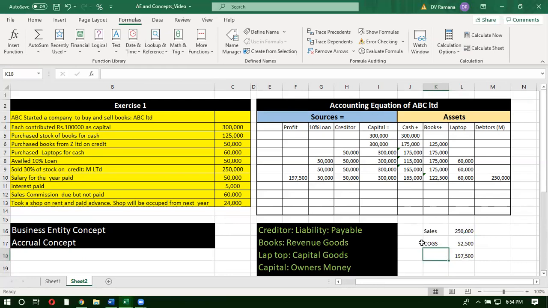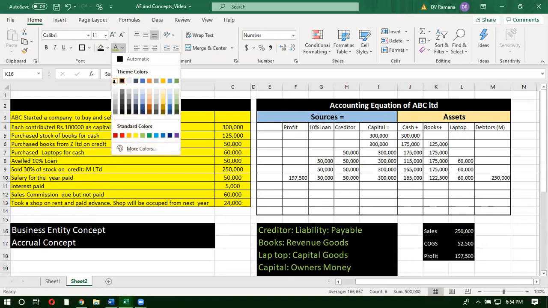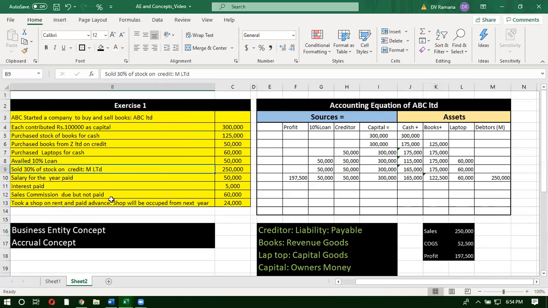You can see that, okay? Profit is equal to 197. At this juncture, we have 2 to 3 things to understand. Why am I deducting only 52,500? Because only 30% of the stock sold.